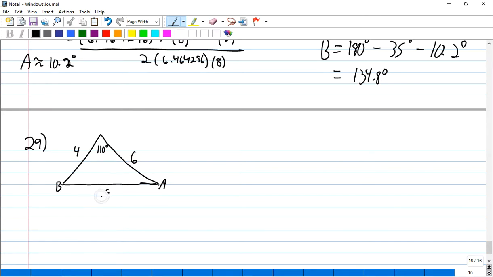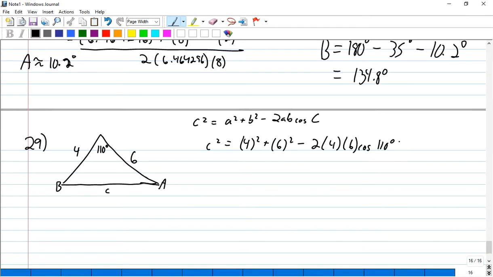I think you have to solve for C first here, so we need to use the formula with C. That's C squared equals A squared plus B squared minus 2AB cosine of C. So C squared equals 4 squared plus 6 squared minus 2 times 4 times 6 times the cosine of 110 degrees.